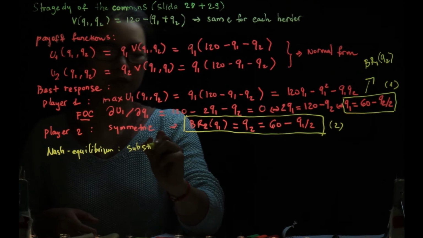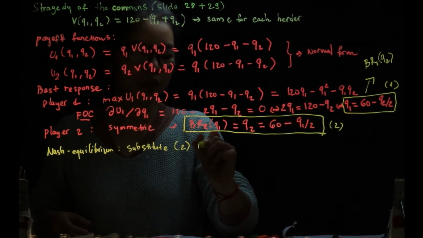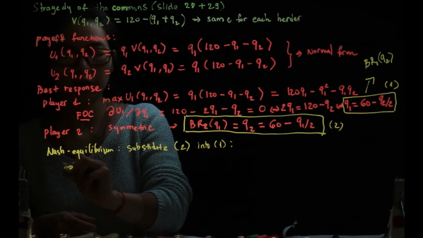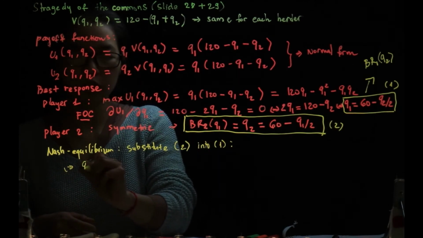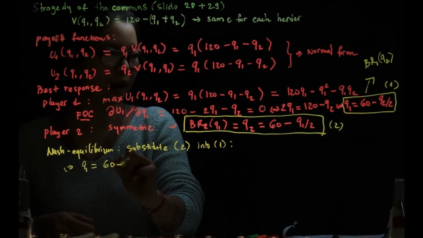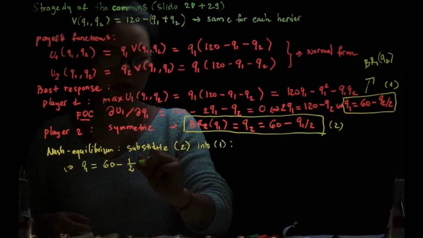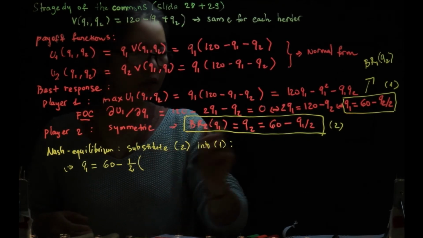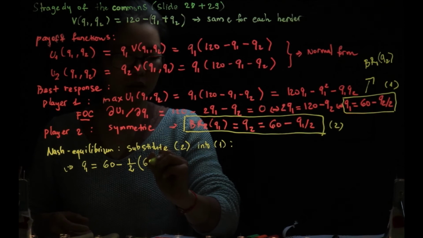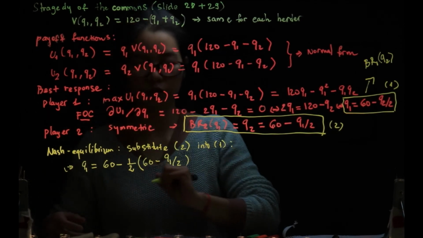Substitute the second equation into the first equation. What will we have? The first equation is q1 equals 60 minus q2 divided by 2. I will write 1/2 here first, and then q2 is the whole term over here. Substitute it in: 60 minus q1 divided by 2, right?